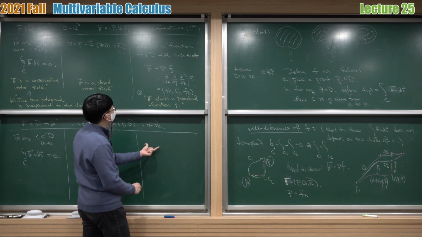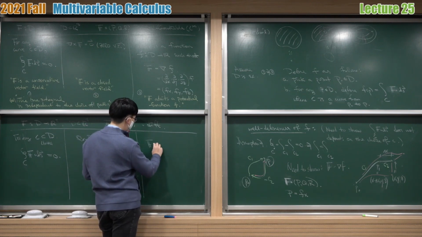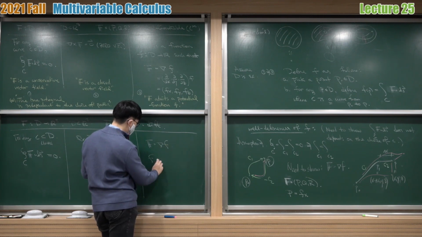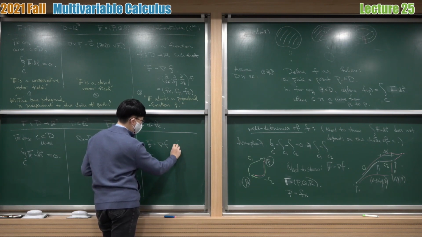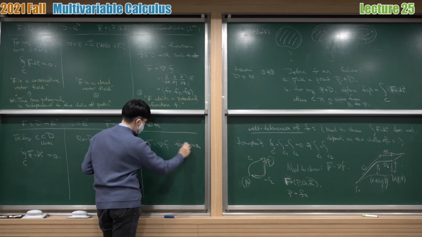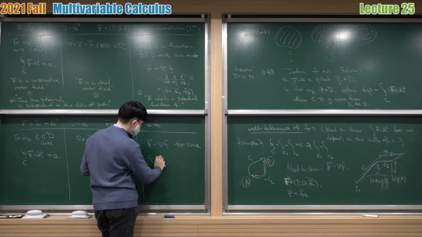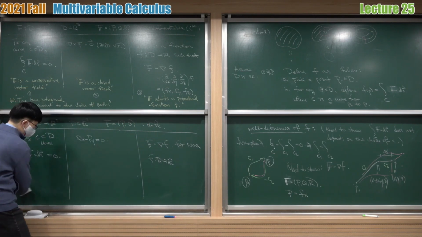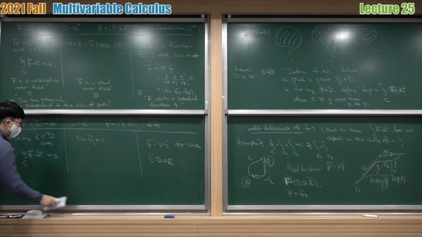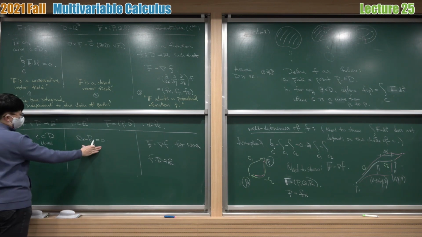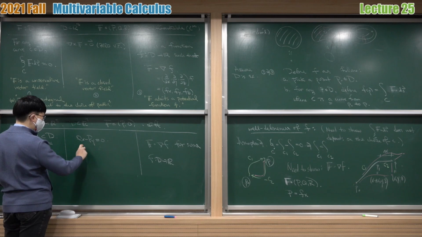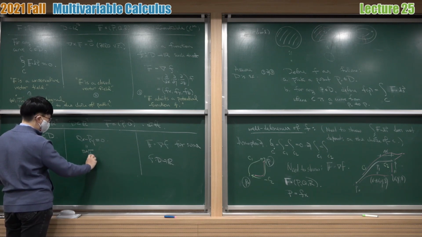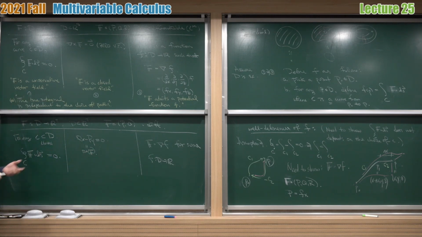And the third one is that this vector field is given by the gradient of f for some f defined on D. So it's almost the same, except that I changed curl to rotation of f. And I'm assuming that my closed curve is in a two-dimensional domain here.